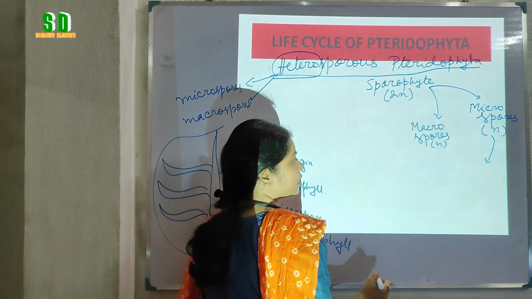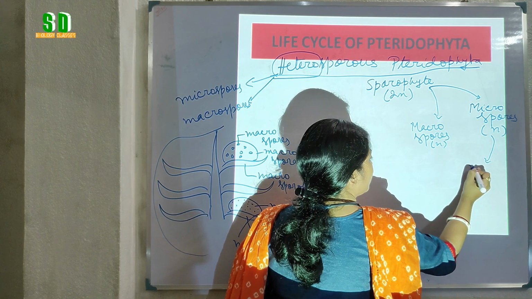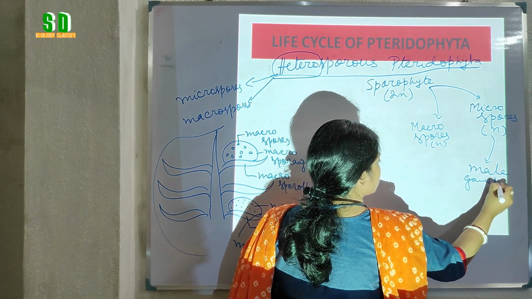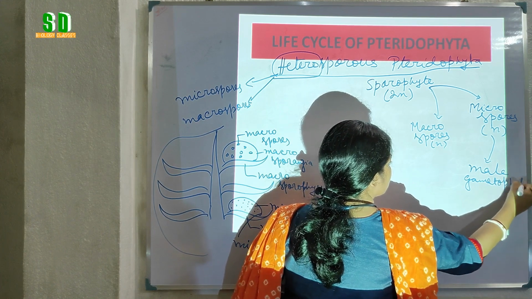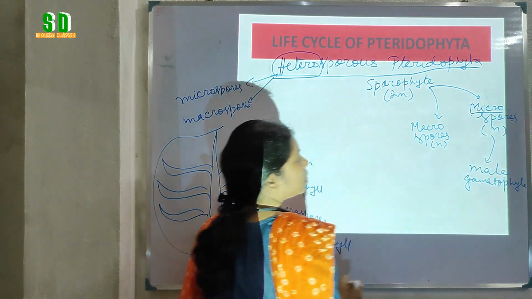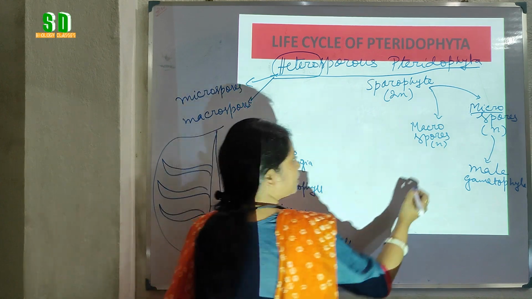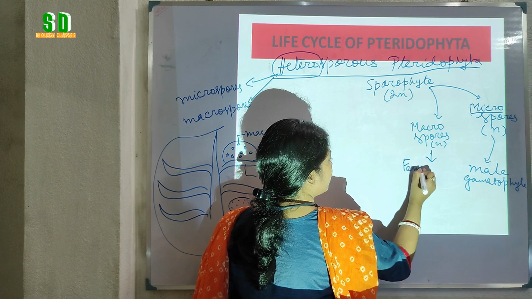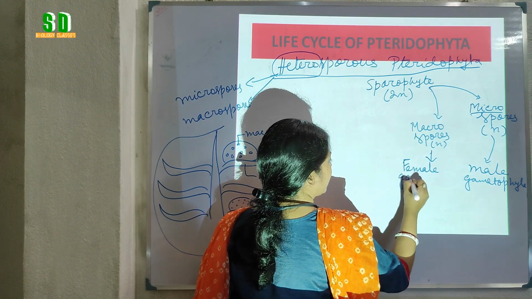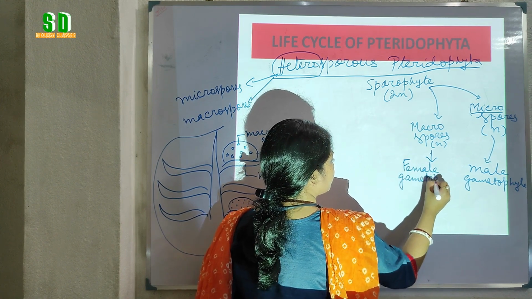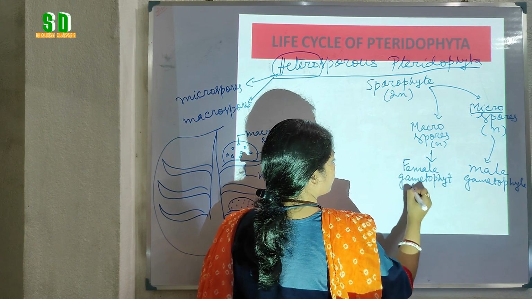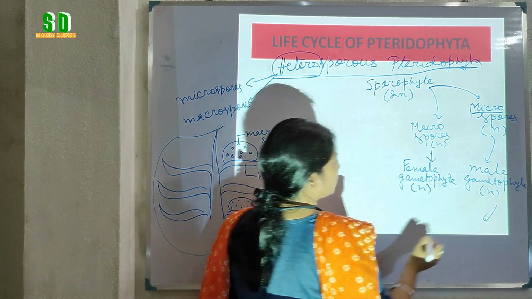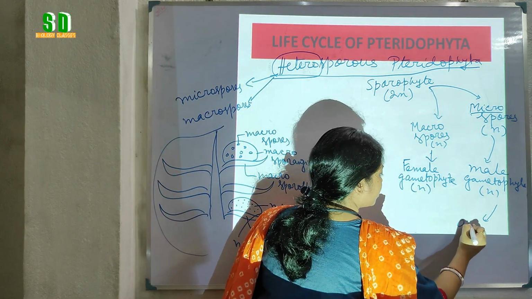Microspores germinate and give rise to the male gametophytic thallus, whereas the macrospores germinate and give rise to the female gametophytic thallus. Now within the male gametophytic thallus, antheridia are formed.